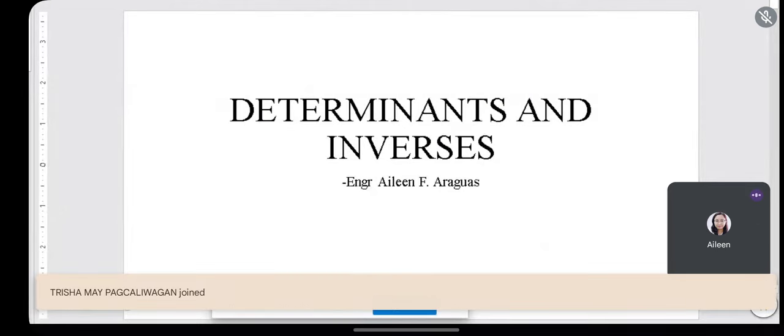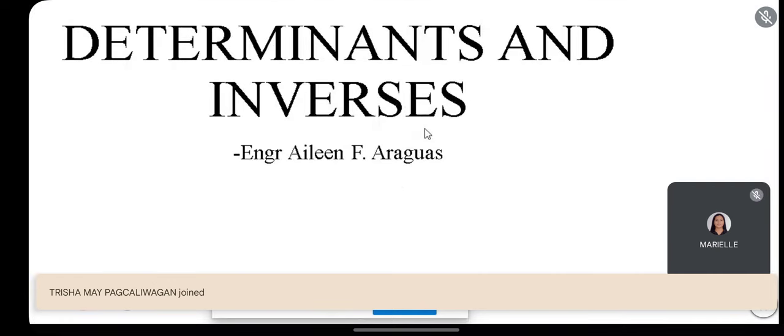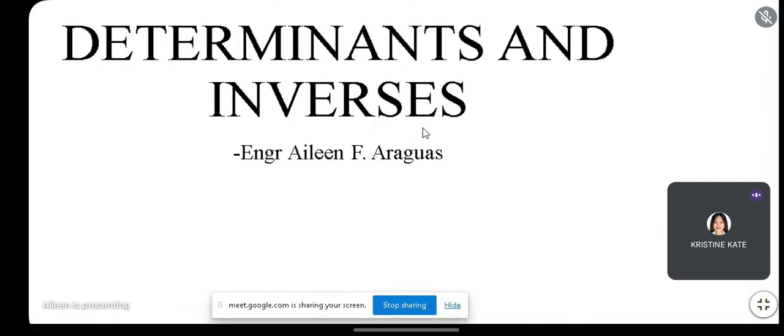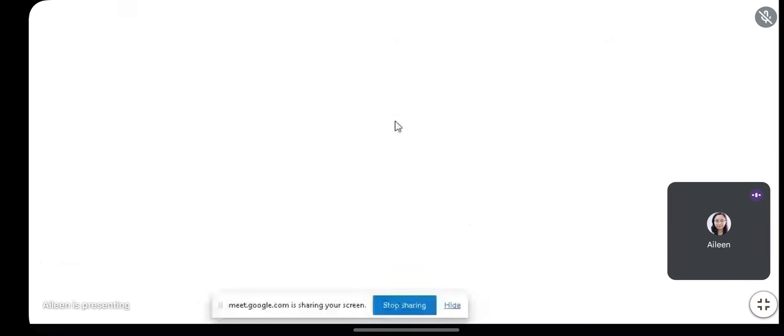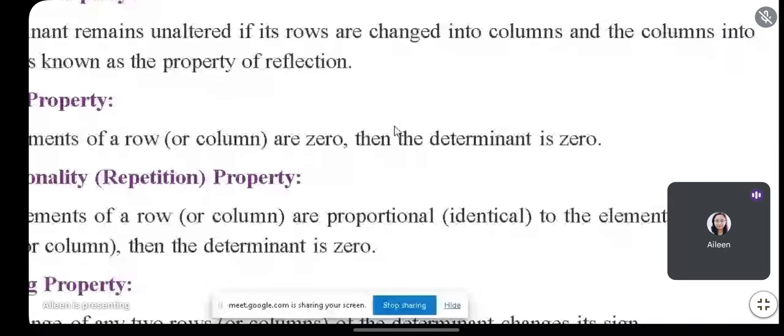Determinants po. Nakapag-determinants na ako? Tunay? Yes po. Saan natapos? Doon po sa properties. Expansion po. Yung Friday na naputol. So, doon tayo sa properties. Natapos ko na itong properties natin. Hindi po.